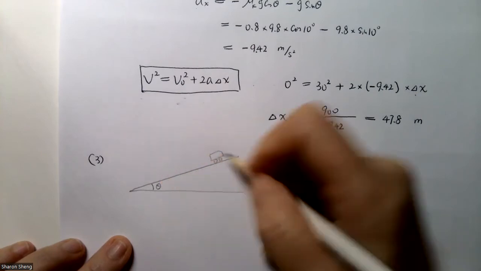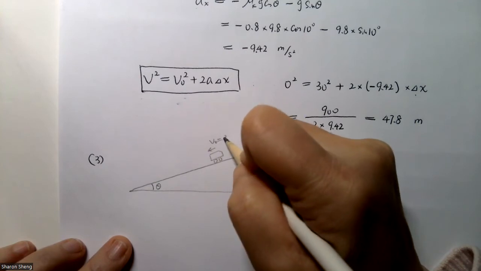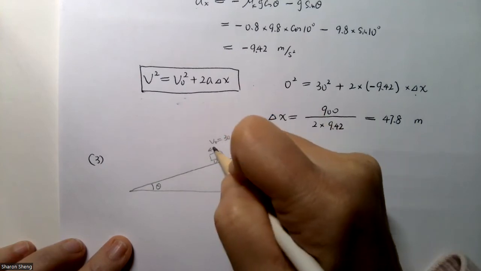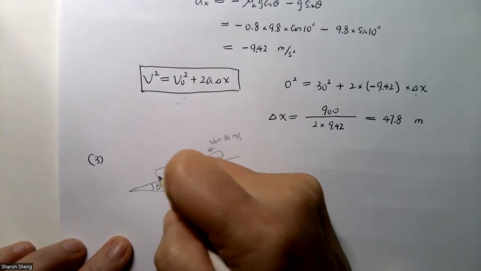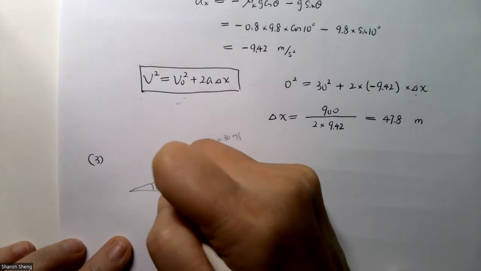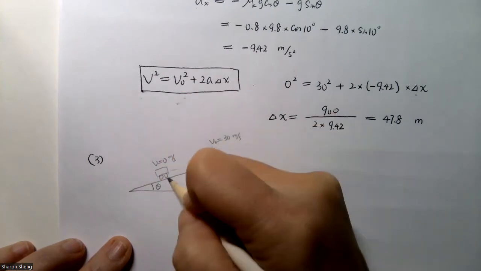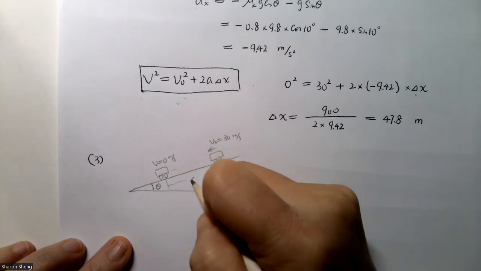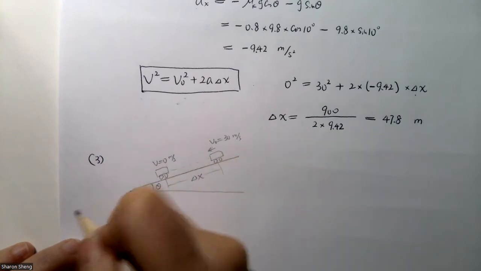So it goes down here. And at this moment, it has v sub 0 equals 30 meters per second. It goes down, down, down here. When it fully stops, right here, we got v equals 0 meters per second. And then we want to figure out how far it goes along the slope, delta x. So the motion is going that way.